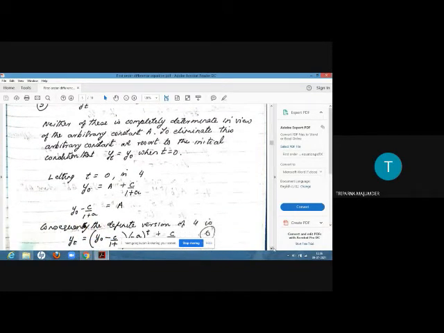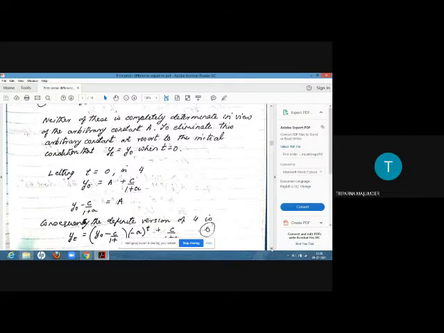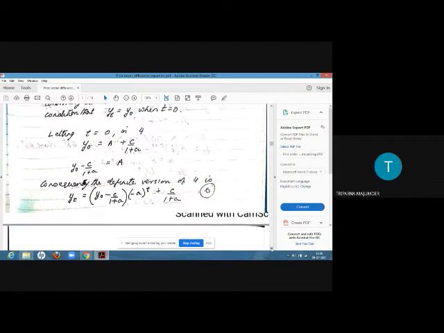Let t is equal to 0 in equation 4 and obtain a as y0 minus c by 1 plus a. Consequently, the definite version of the general solution becomes yt is equal to y0 minus c by 1 plus a into minus a to the power t plus c by 1 plus a.